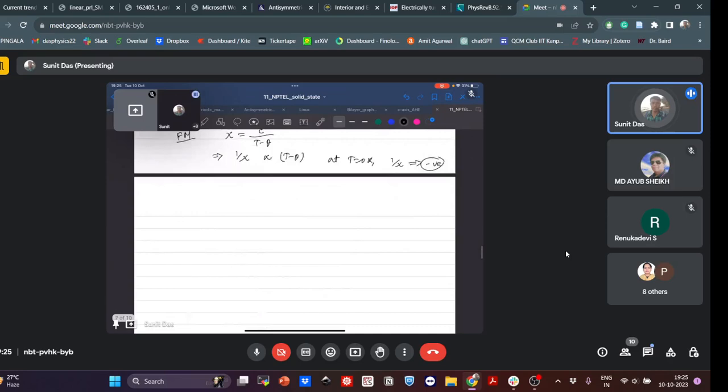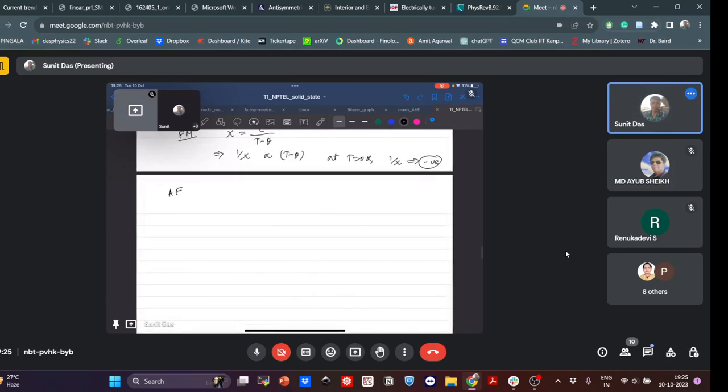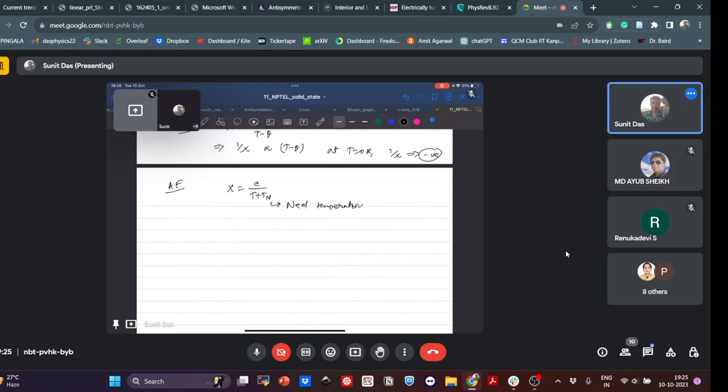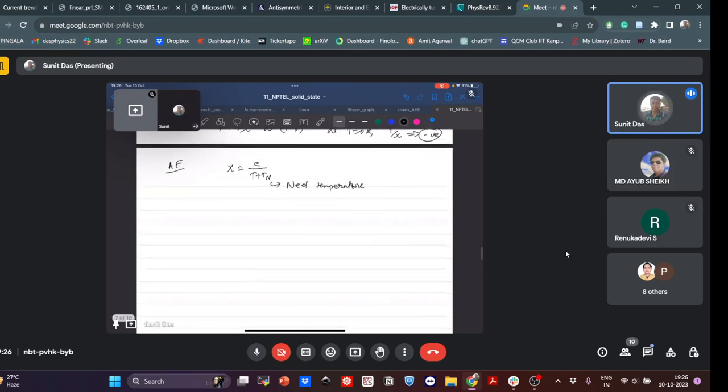And then antiferromagnetism. For antiferromagnetism, it is chi equal to C by T plus Tn, and this Tn is not called the Curie temperature, rather it is the Néel temperature. So 1 by chi is proportional to T plus Tn.